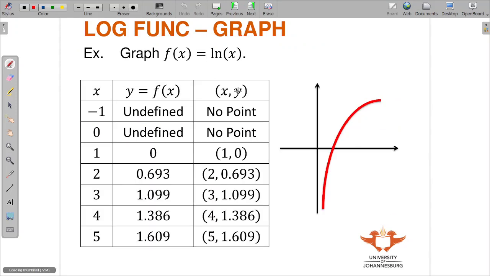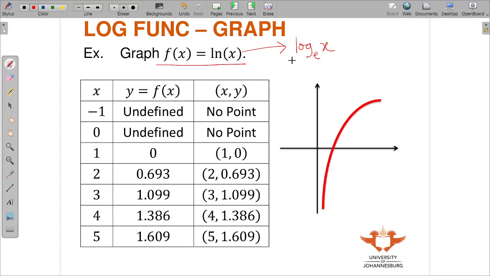That's how to do it. So if you take, for example, this function, don't forget this function means log of x to base e. Now if you want to plot the points, you take at least 5 values.